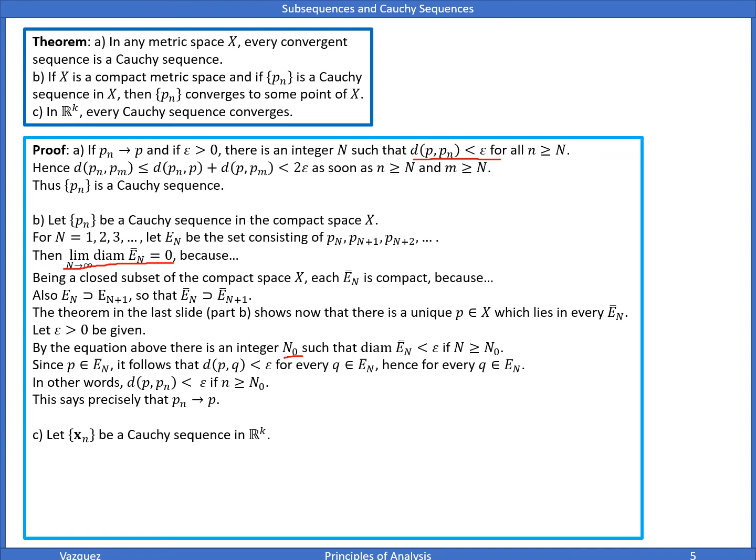Finally, our last one. Let X sub n be a Cauchy sequence in R^k. We want to show that this sequence converges.